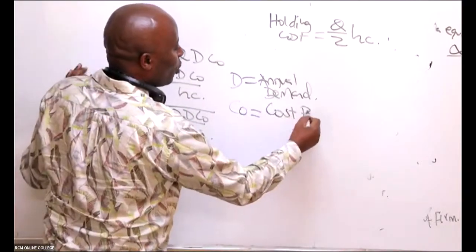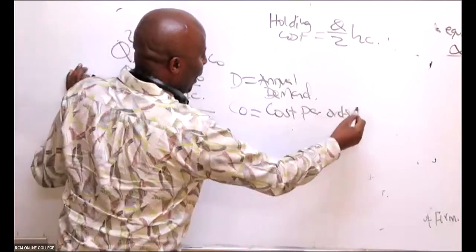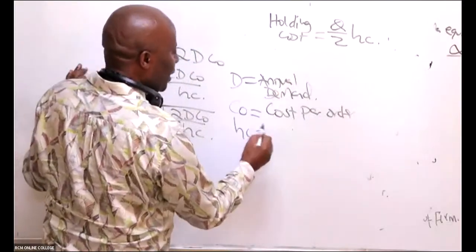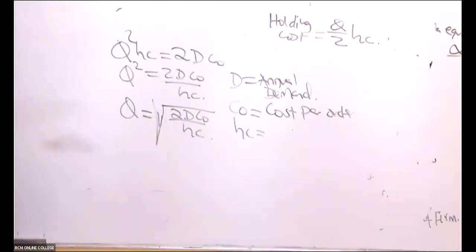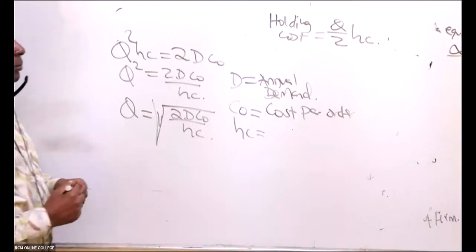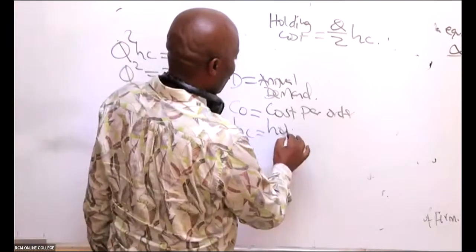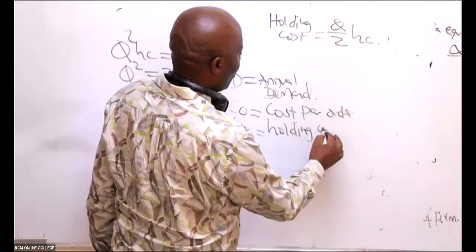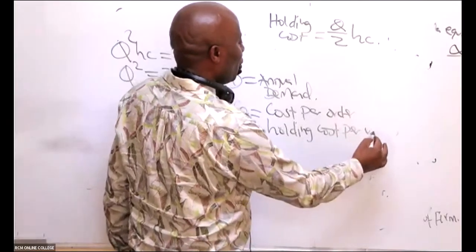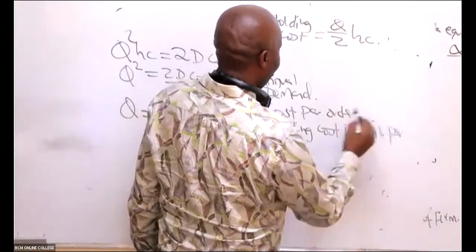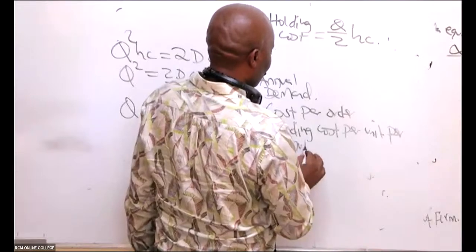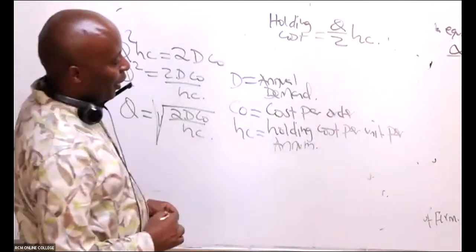CO is cost per order. How about HC? Holding cost per unit per annum. Holding cost per unit per annum.